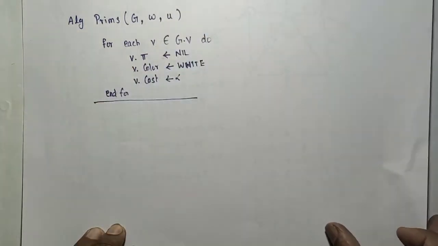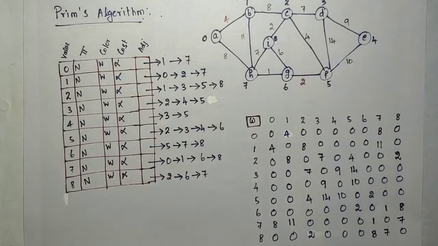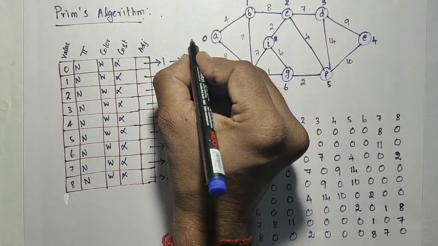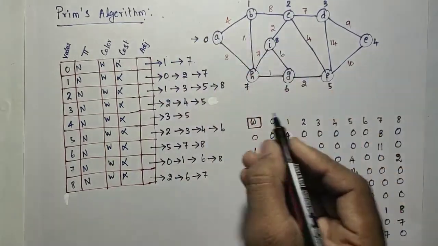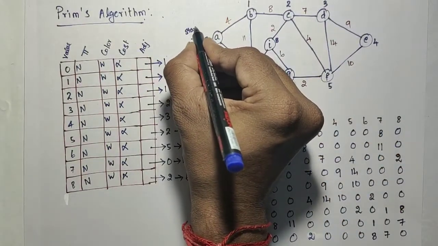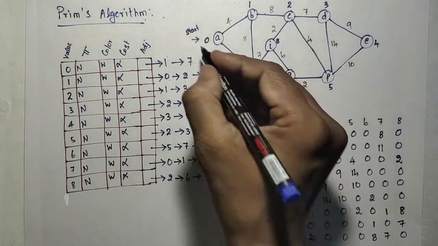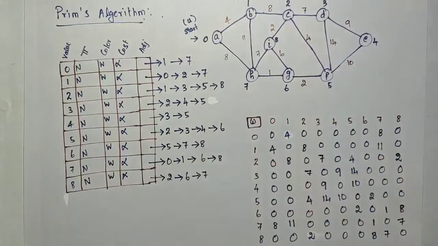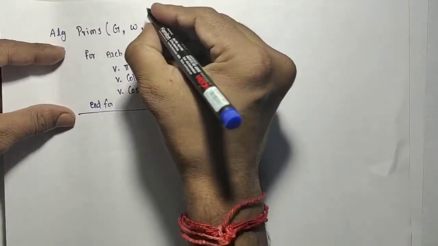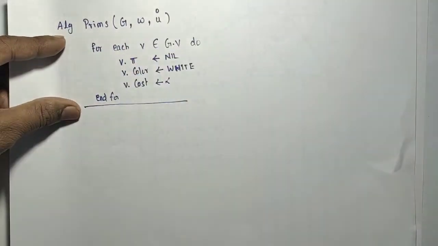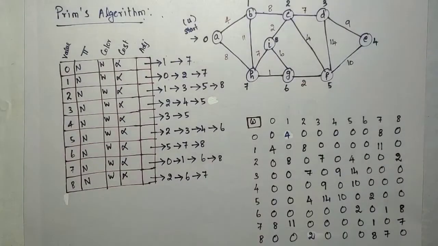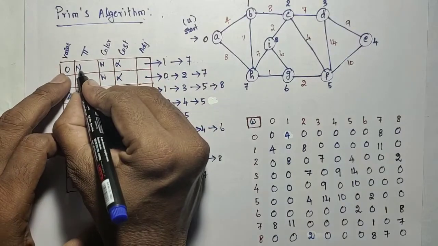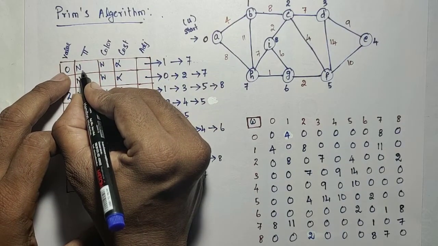Suppose we assume the starting node is a, we are going to start from 0. Okay, that is the start. So u is assumed as 0, and the input is 0. The starting node is 0, so for that 0th node I need to update the parent.